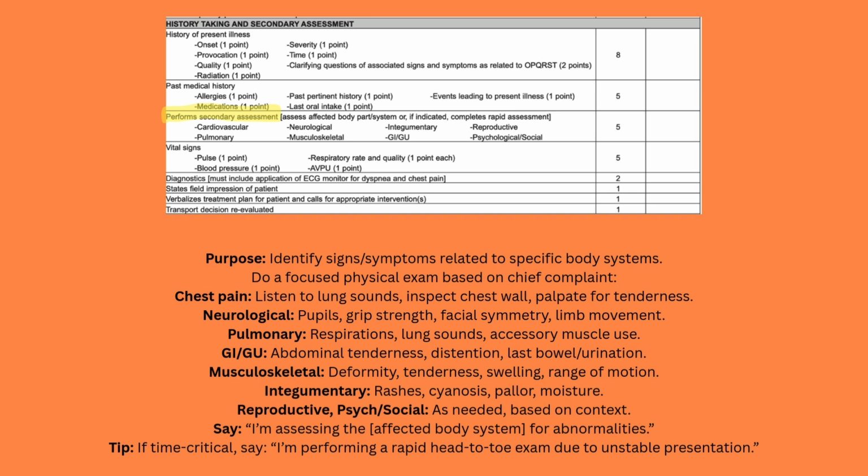If pulmonary issue, you can listen to their respirations, lung sounds, and look at how their muscles are moving when they're breathing. Other things could be musculoskeletal, integumentary, reproductive, or you can say, I'm assessing the blank for abnormalities. If time critical, perform a rapid head-to-toe due to unstable presentation.